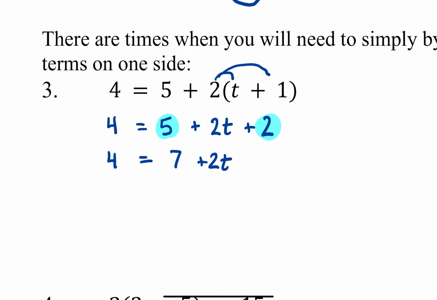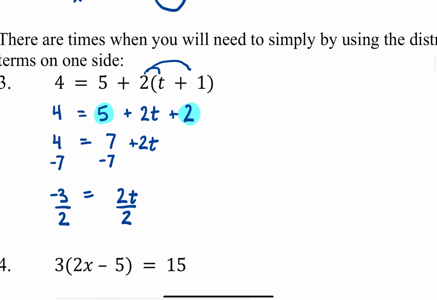Okay. Now that we have everything simplified, I'll do the properties above. So I'll subtract 7, just going backwards in my order of operations. That gives me minus 3 is equal to 2 times t. And then I'll divide both sides by 2. I'm going to put the answer over here on the left. So we end up with t is equal to minus 3 over 2.